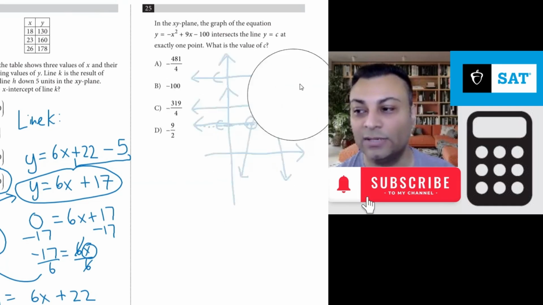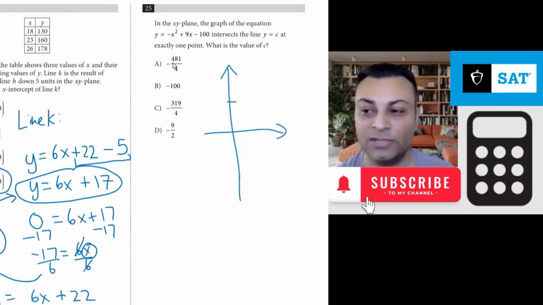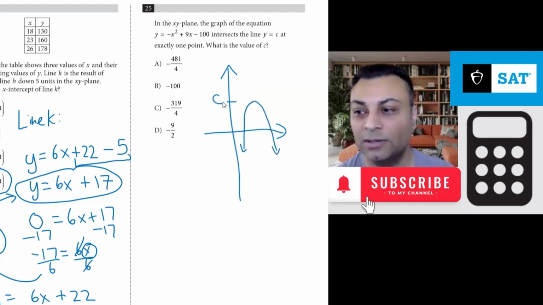So what we have is that this line goes through the vertex. C is somewhere here. In truth, C is a negative number because they told us that in the options, but in reality, we wouldn't know that until we took a closer look at the problem. But this line here goes through the vertex of our parabola.